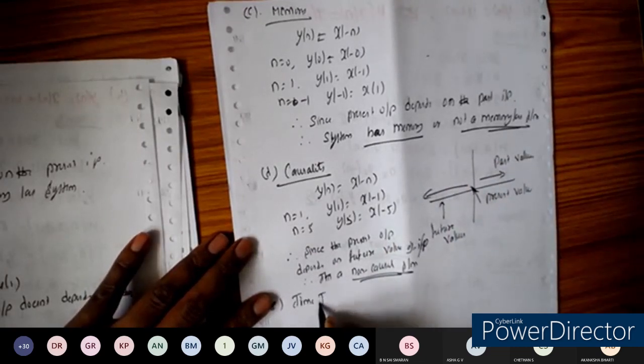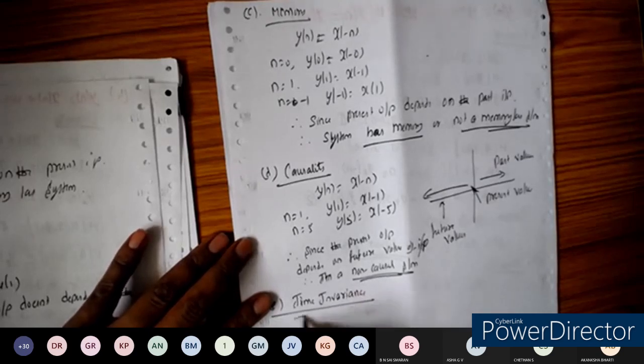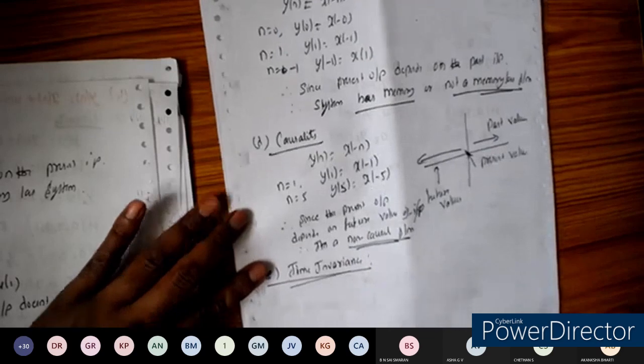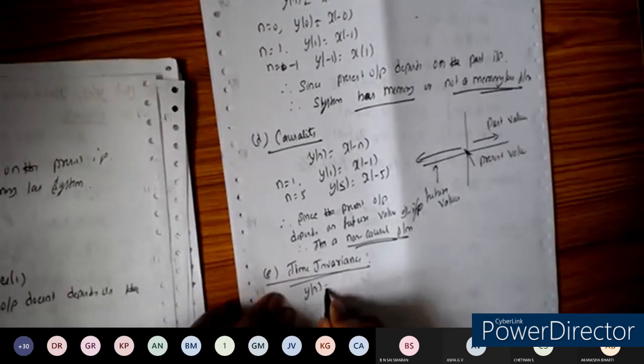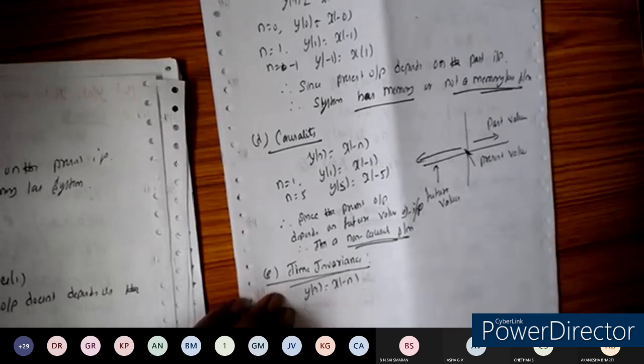So the next one is time invariance. We have the system given by y of n is equal to x of minus n.